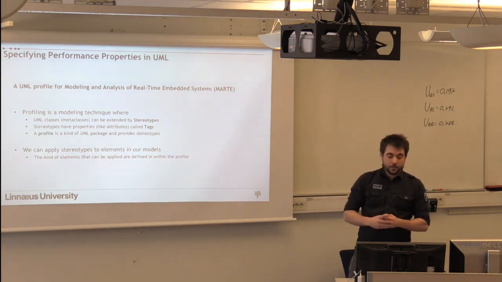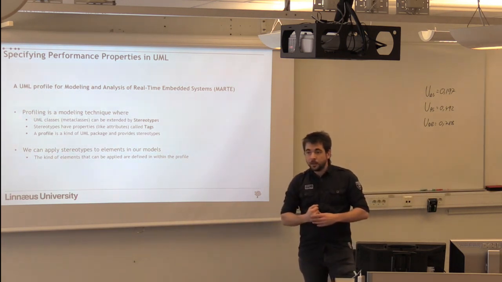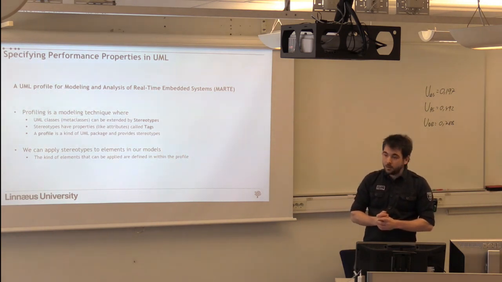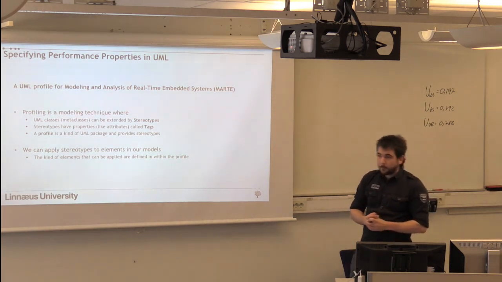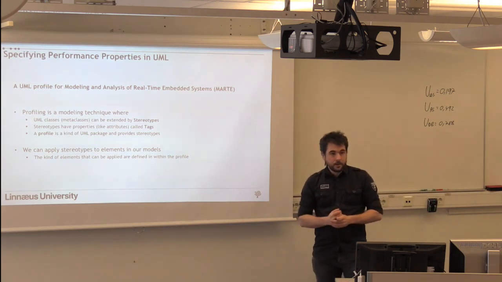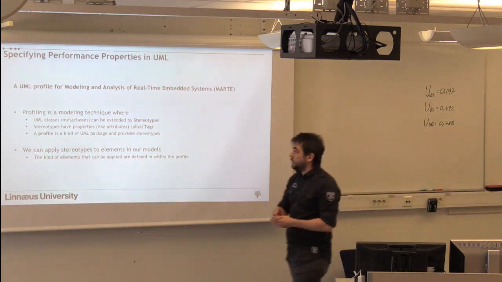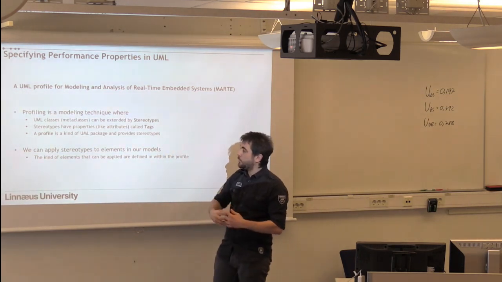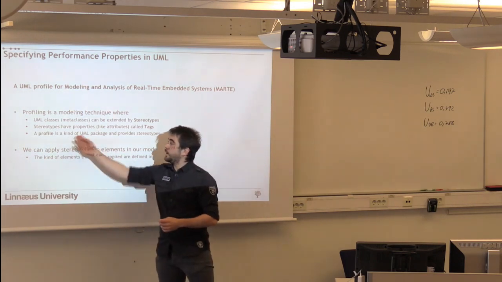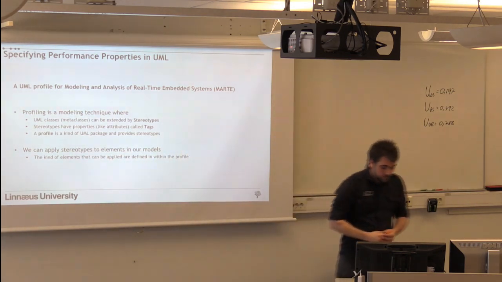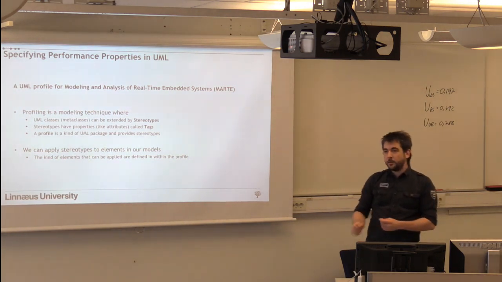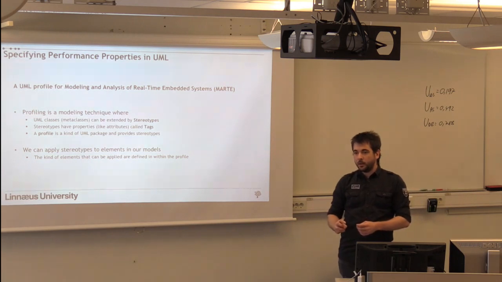A stereotype will have properties that are similar to attributes in classes, and we call these properties tags. A profile provides these stereotypes that extend UML classes. We can add more information to classes, and it's like a kind of UML package. The profile also defines to which UML elements we can apply this information of the stereotype.